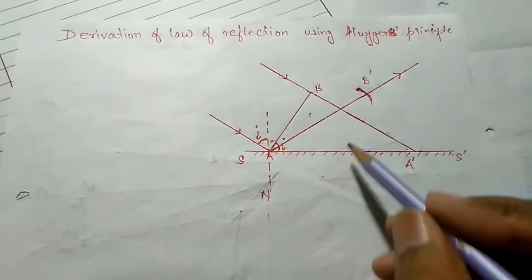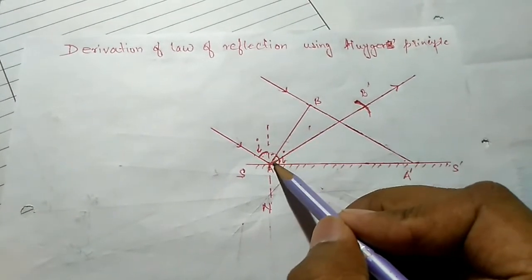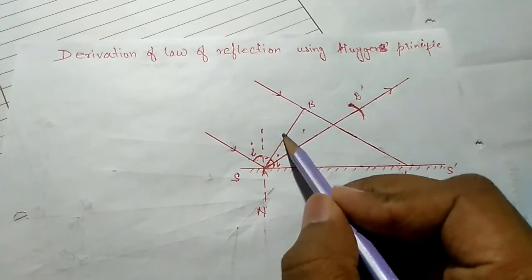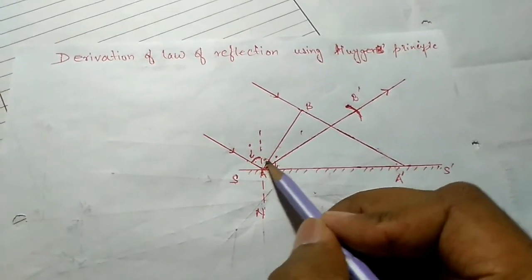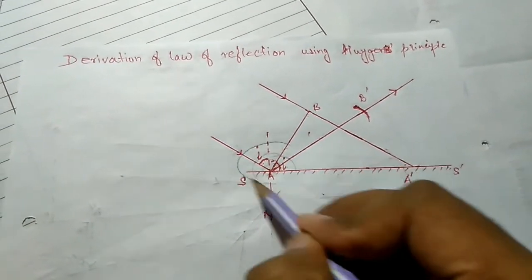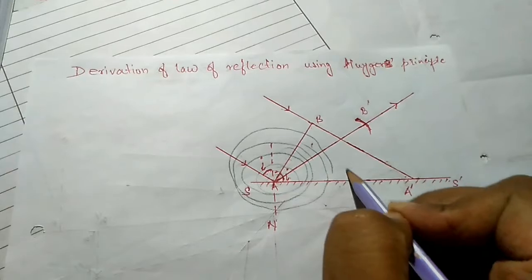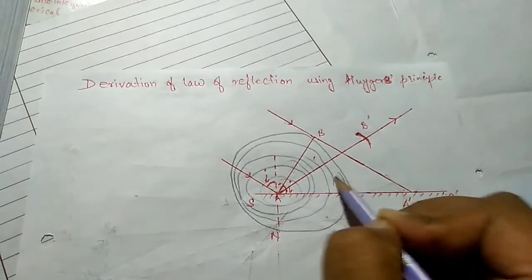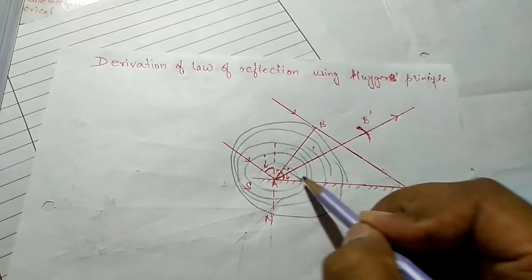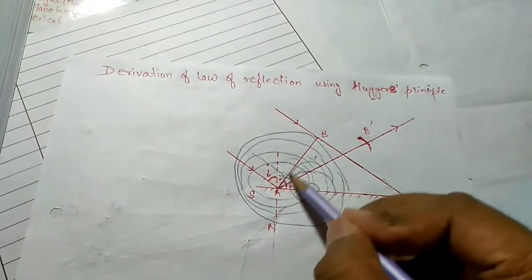Again, to understand this: when this wavefront AB is striking at this point, this point will originate a new source. So this will produce a spherical wavefront like this. Suppose this one is the last one. For this one, in the same way, the ray after some time will strike here, and the ray coming toward this point will also produce spherical wavefronts.